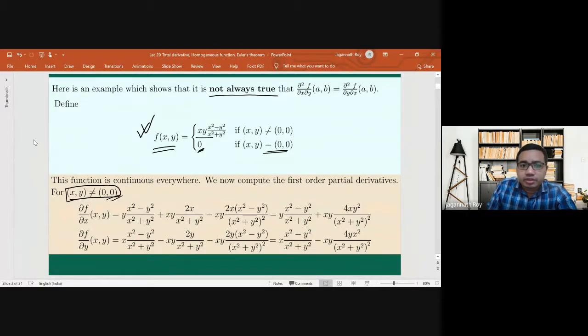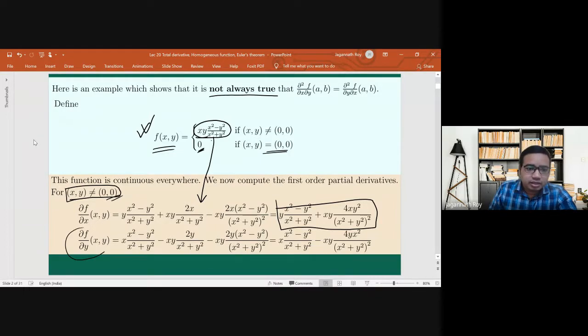So we are actually differentiating this function with respect to x. If we do that, this will become this, and if we simplify, then we will get this value. Similarly, if we differentiate with respect to y, then we will get this one after simplification.